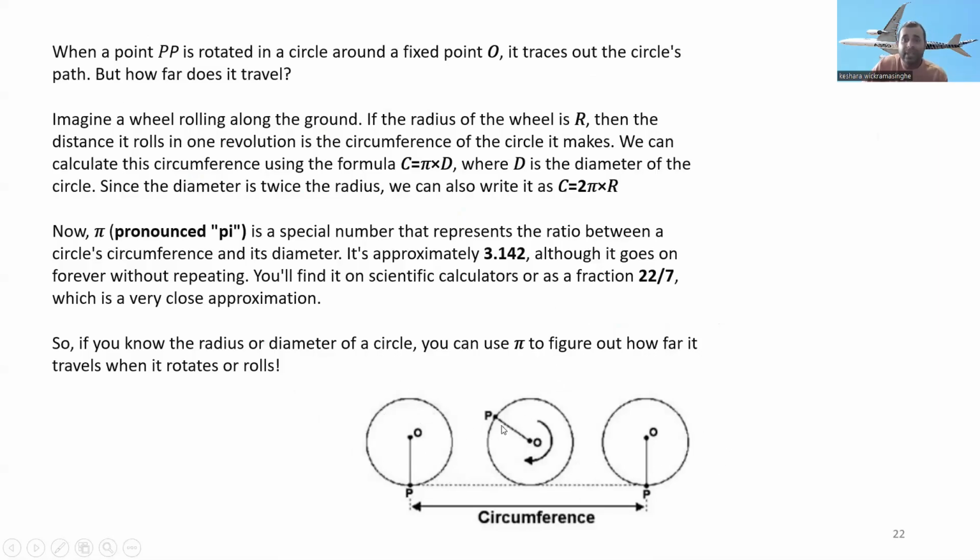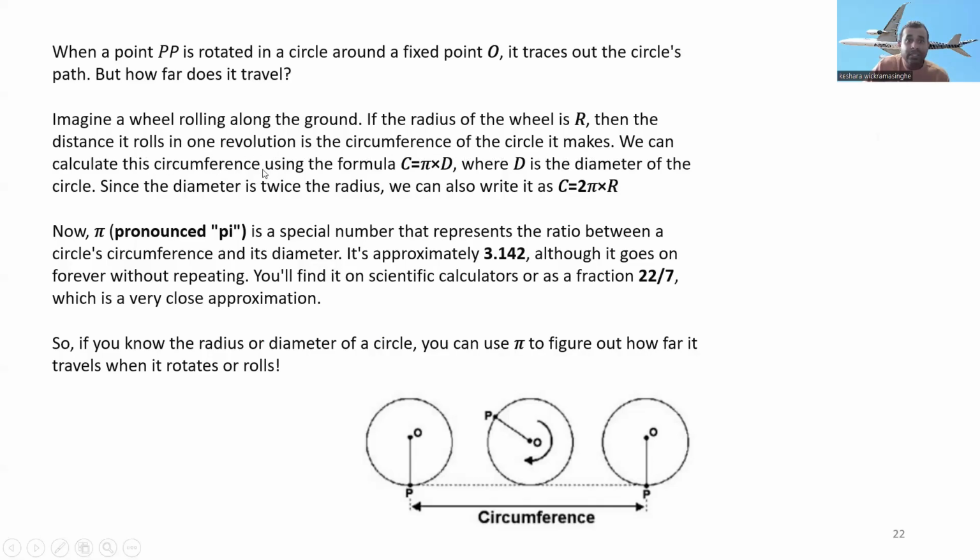If the radius of the wheel is r, and it makes 1 revolution, how much distance does it travel? The distance rolled in 1 revolution is the circumference, the circle that is made.